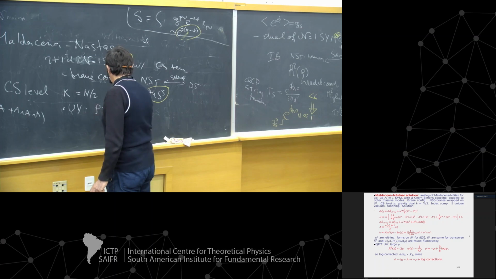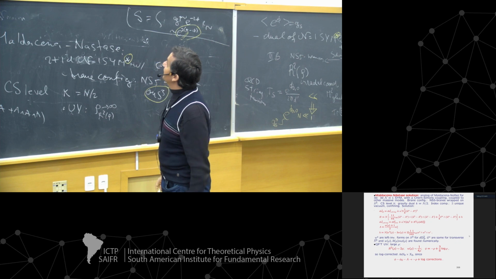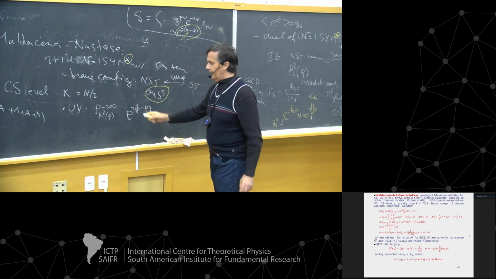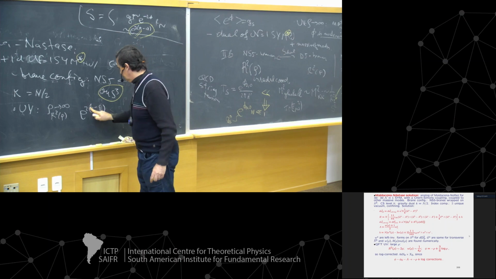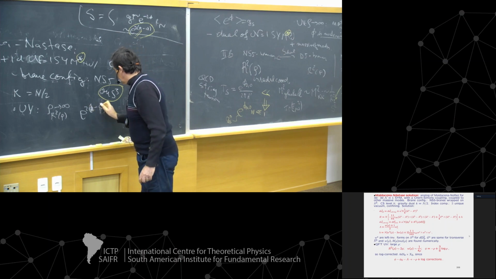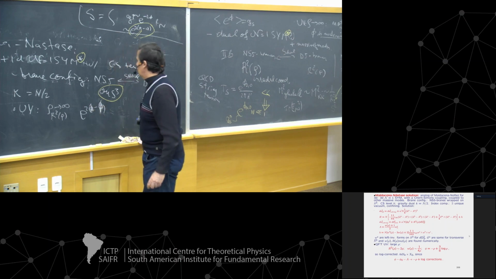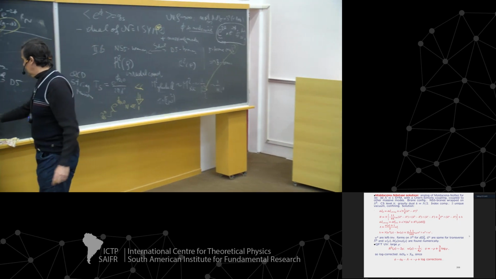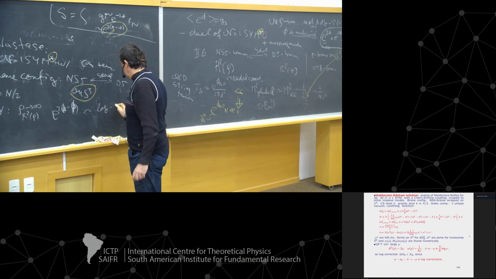When rho goes to infinity, I look at the behavior of the warp factor times e to the minus 2 phi, and I find again that this effective warp factor is a log corrected AdS5.